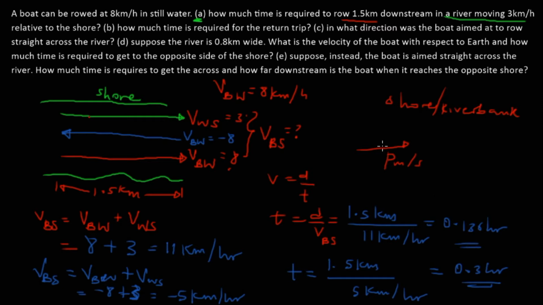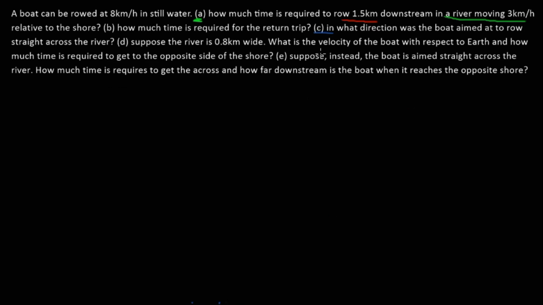Okay, now let's solve question C. Question C says, in what direction was the boat aimed to row straight across the river? That is, in what direction are we going to place the boat if we want the boat to row straight ahead? Now let's say this is the river.